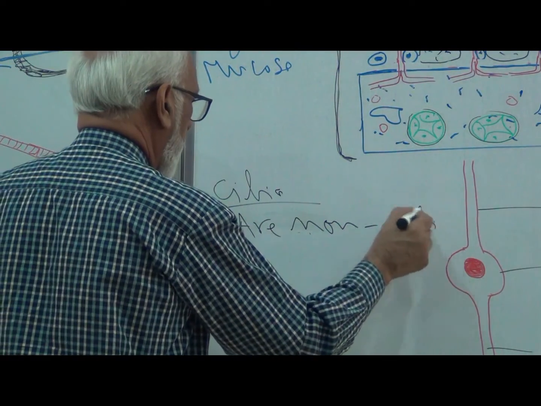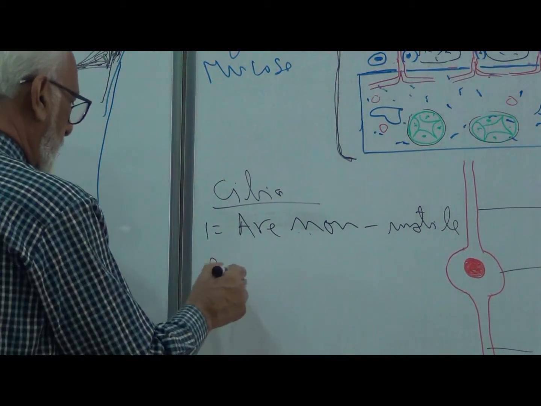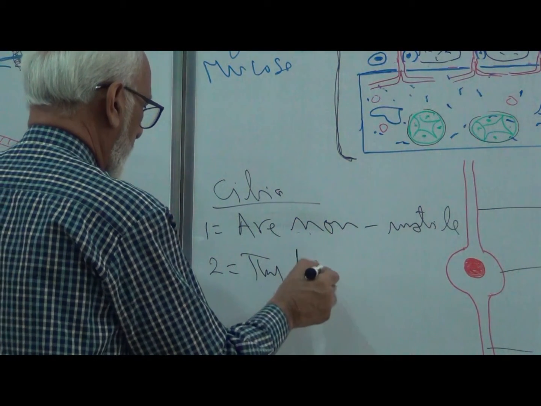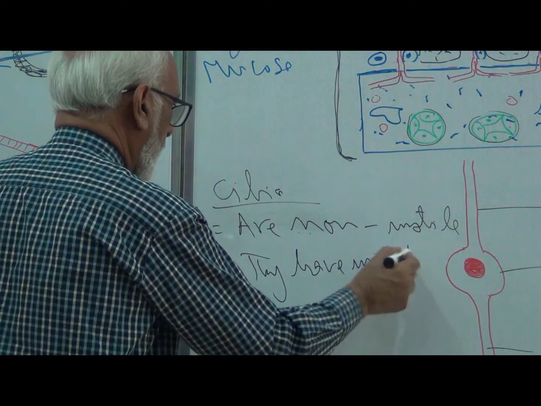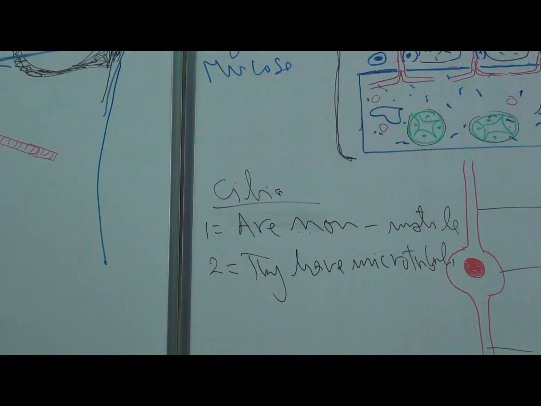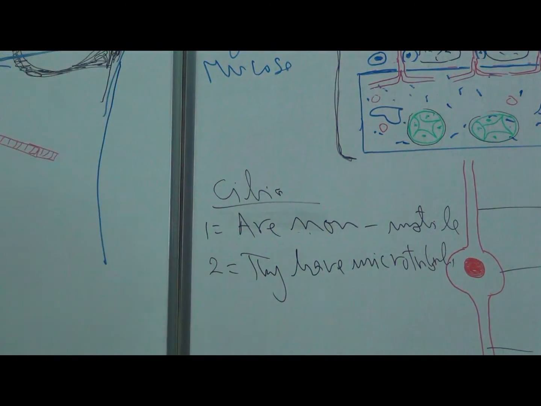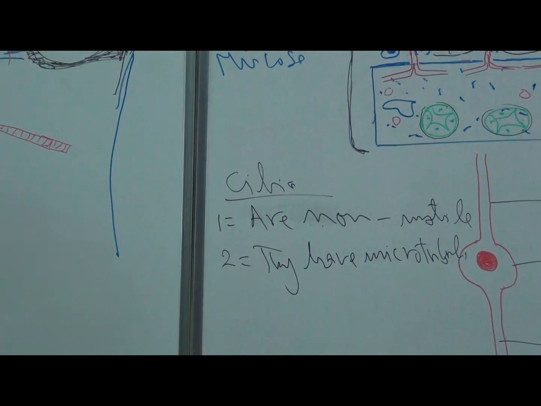Non-motile cytoplasmic processes, although they have microtubules. Cilia are usually motile because of the presence of microtubules, but the special feature of these cilia of the olfactory neurons is that they have microtubules, but they are non-motile.